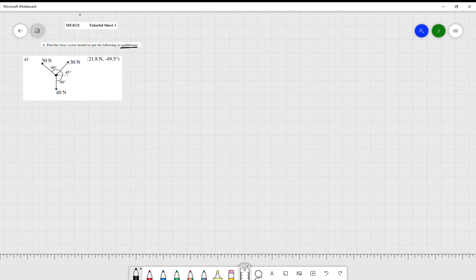So as always, step one is to set axes. The horizontal to the right is the positive x and the vertical going upwards is the positive y.